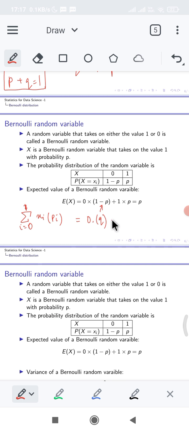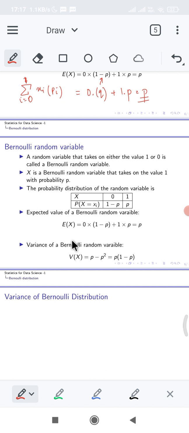On the other hand, to find the variance, we can use the traditional way of finding variance, the actual value minus the mean, or we can use that V of x is E of x square minus E of x whole square.